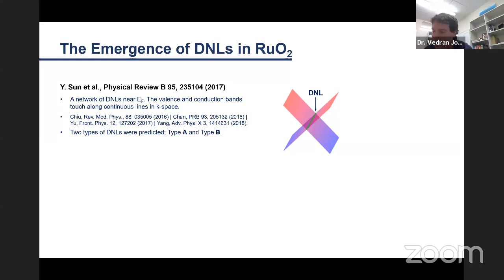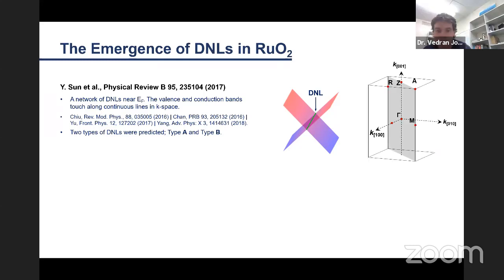And they're typically protected by crystalline symmetries. And in particular, they emerge in systems which have inversion symmetry, non-symmorphic symmetries, or time reversal and mirror reflection symmetries. And this forces this protected crossing of the conduction and valence band along certain trajectories in K-space.